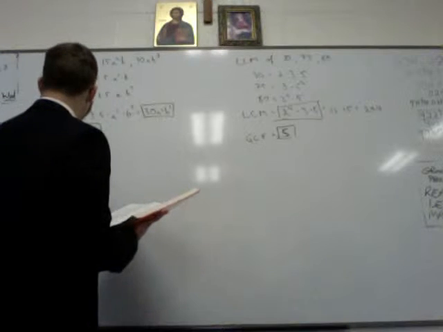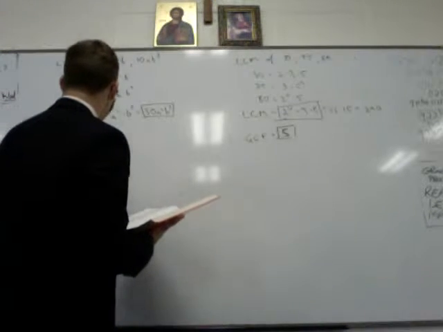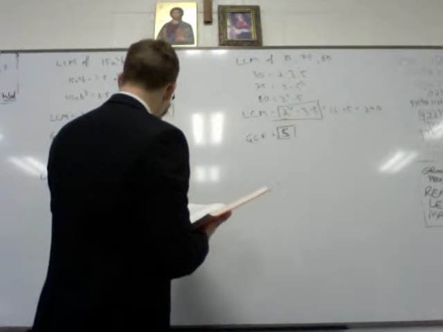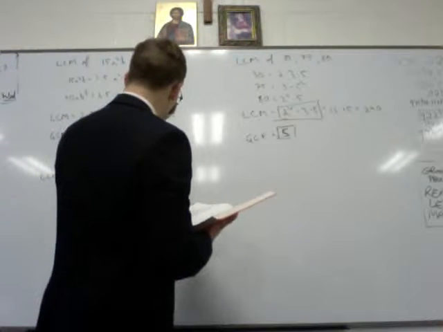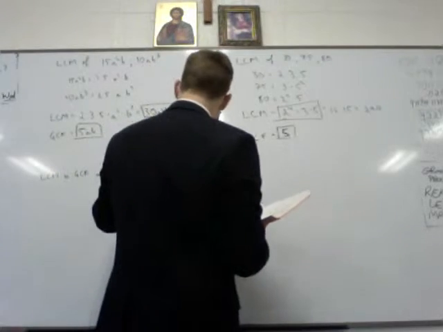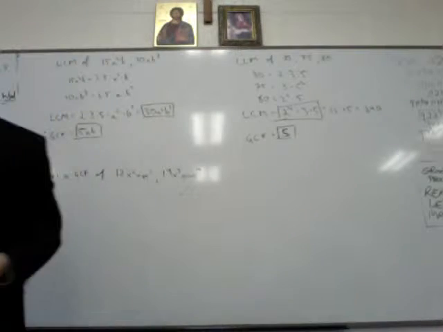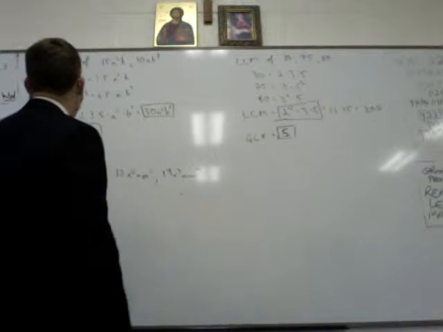We want the least common multiple. Let's do the greatest common factor also. 12x squared am squared and 14x cubed am to the fourth. So let's write these as products of prime factors.